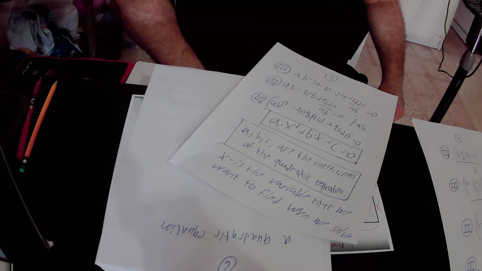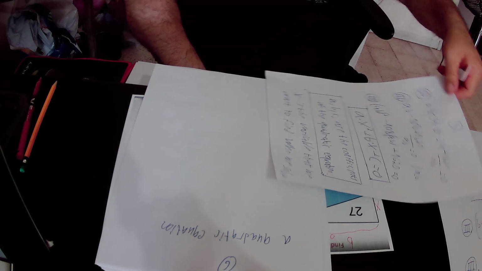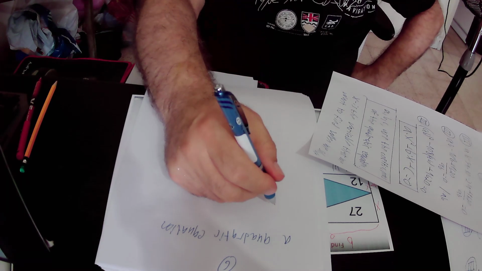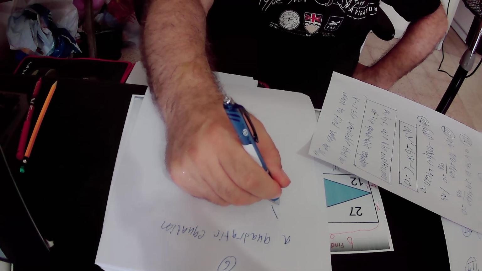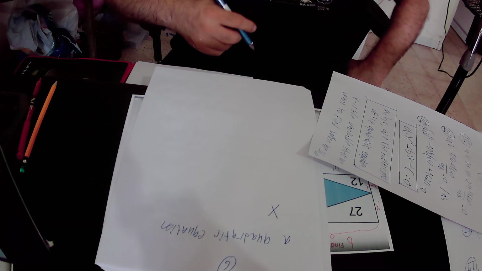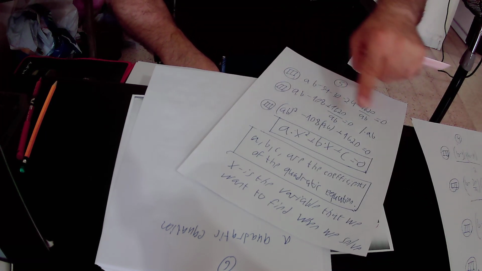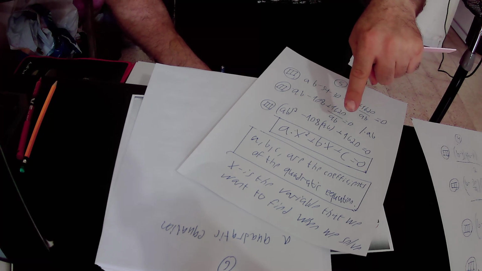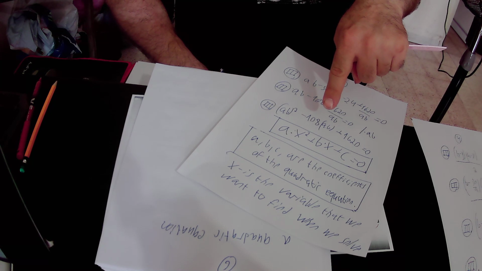And we also have a special formula to find x. The values of x are also called the roots of the quadratic equation. The roots of the quadratic equation are the solutions to the quadratic equation.